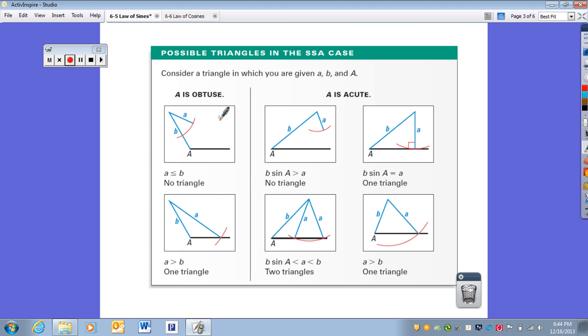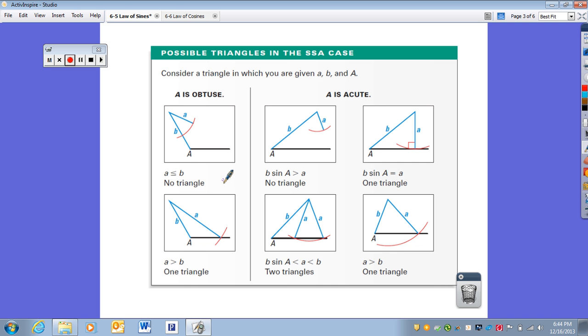For example, in the side-side-angle case, if we were to draw them, we would find that some of the sides would be too short, some would be exactly a 90-degree angle, and some would actually be too long. So here are some ways that we can tell if it is possible that the measurements would create a triangle.